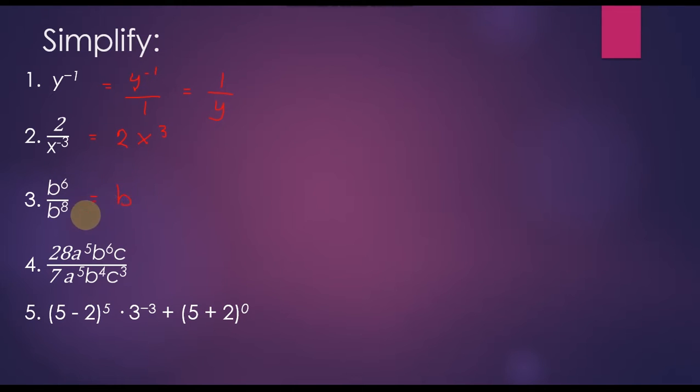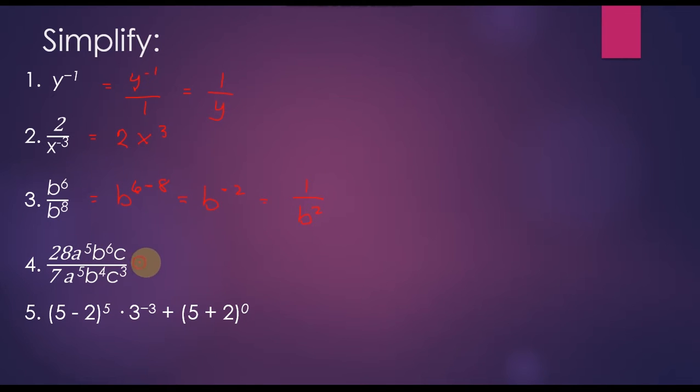So copy the common base and then subtract the exponents: copy first the exponent in the numerator minus the exponent in the denominator. This will give you b, and then 6 minus 8 is negative 2. But to make our exponent positive, you must get the reciprocal of this b raised to negative 2. That will be 1 over b squared.